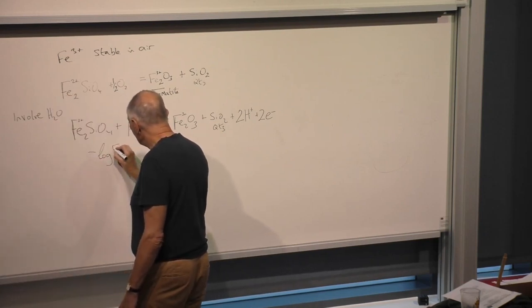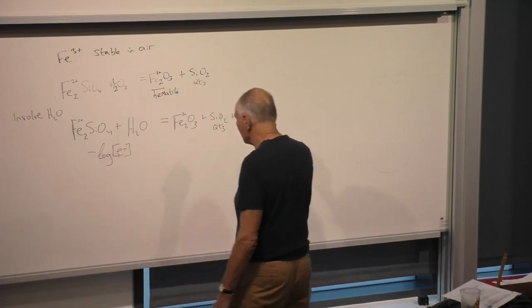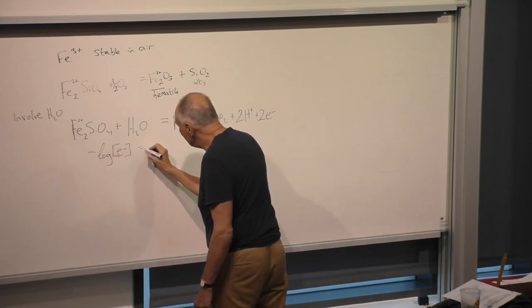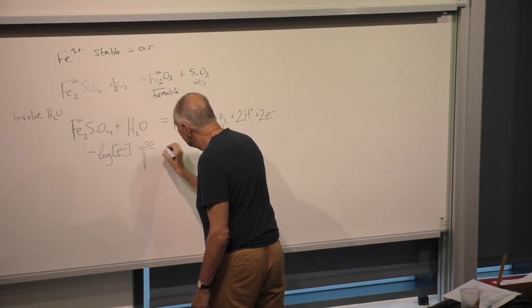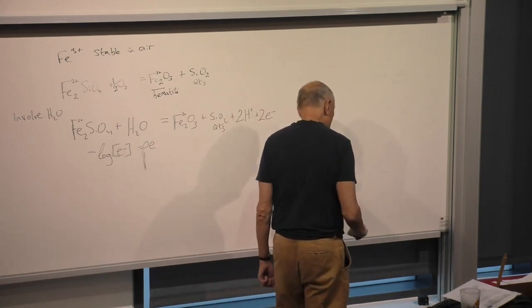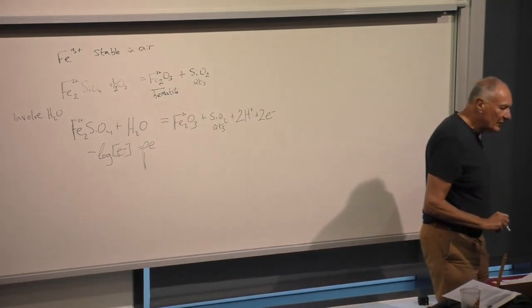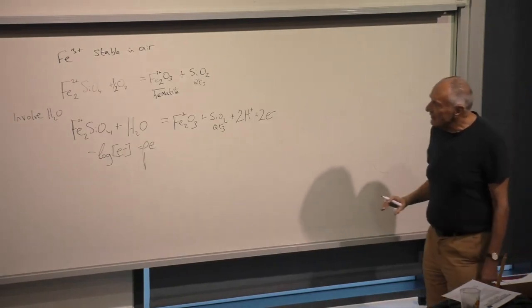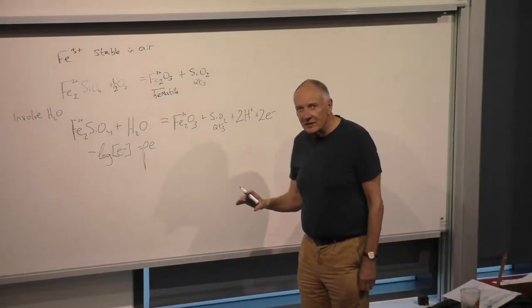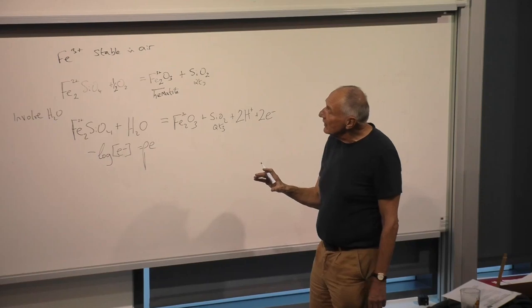Minus the log of the electron concentration in solution is known as pE. Okay, so we have a kind of a little bit counterintuitive situation.